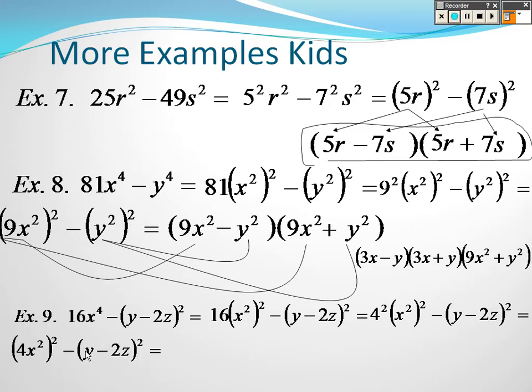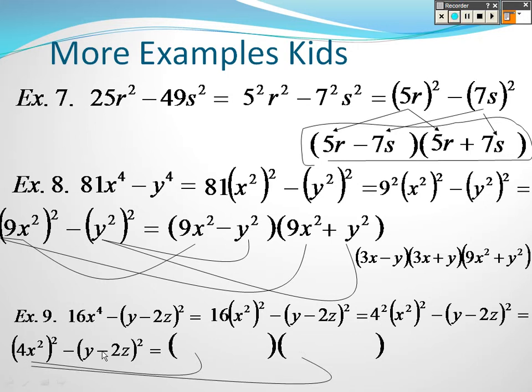Now I know that you're looking at that going, why minus 2z? Well, it's all in parentheses. According to your rule, you take the first term, which is all in the parentheses, minus the second term, which is all in parentheses. This is all in parentheses, meaning this is all your first term. So your second term is this minus this, because it's your second term.